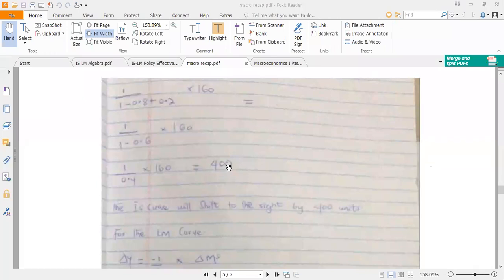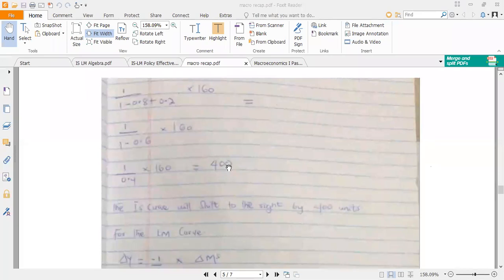Yes, Kwame. Sir, please, if they don't give you the marginal tax rate and you are trying to form your multiplier, does it mean your t will be 0? Yes, small t will be 0. So it will just be the simple one, 1/(1 minus b).